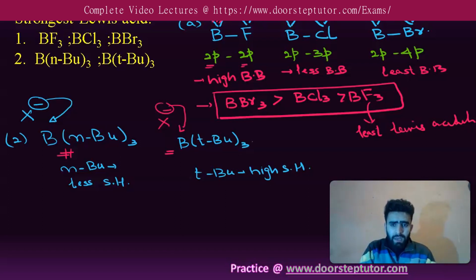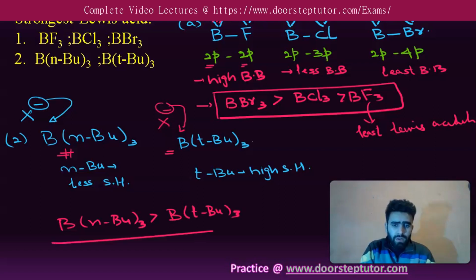So it means that this boron having normal butyl attached will have a high tendency to accept the electron. It will be a strong Lewis acid. It will be followed by the species having tertiary butyl. So this is the Lewis acidity order.